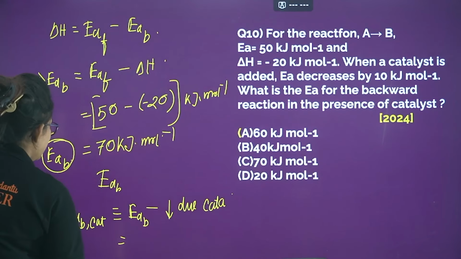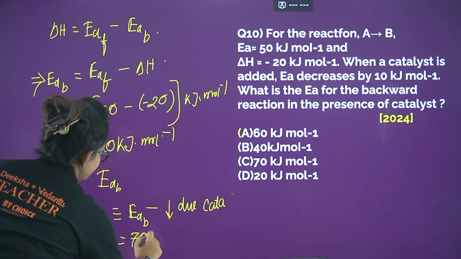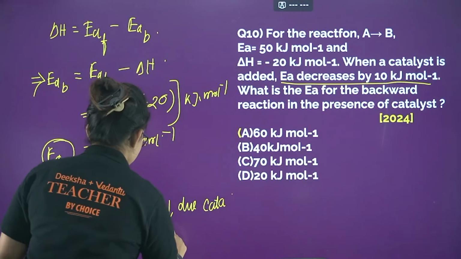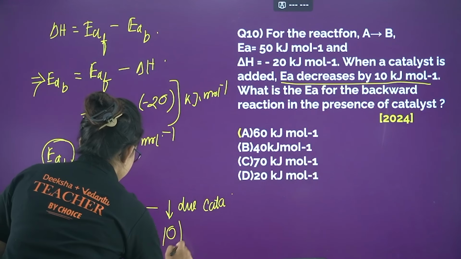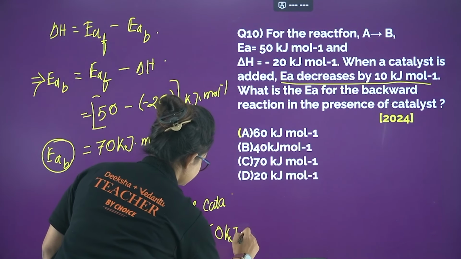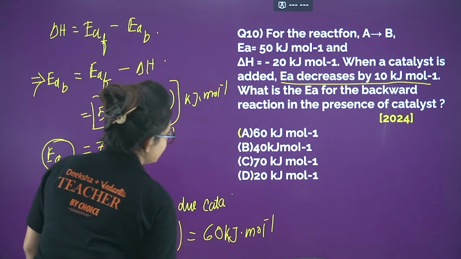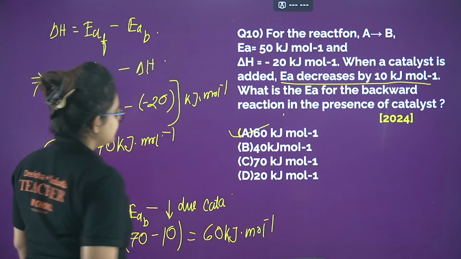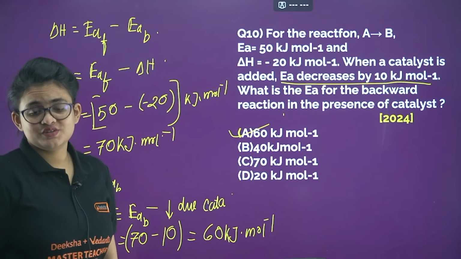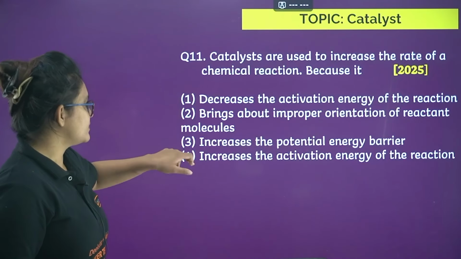How much am I getting for EaB? 70, and how much decrease because of the catalyst? You can see 10 kilojoule. So I am getting overall 60 kilojoule per mole. So A is going to be the correct answer. I guess you understood this. Let's proceed for the next one.